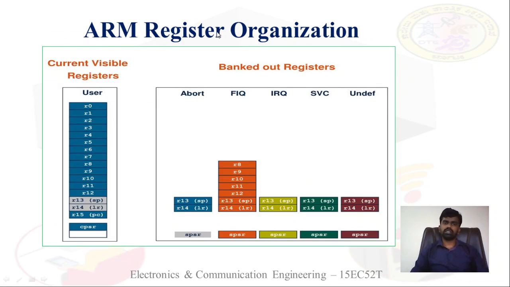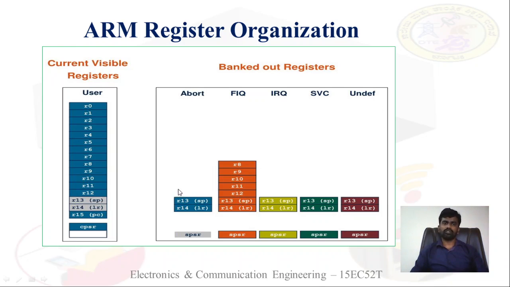So this is about the SPSR, the saved program status register. This is the entire ARM register organization. These are the currently visible registers for users: R0 to R15, totally 16, along with the CPSR, the current program status register. These 17 registers are visible to the user. Another 20 registers are called banked registers.